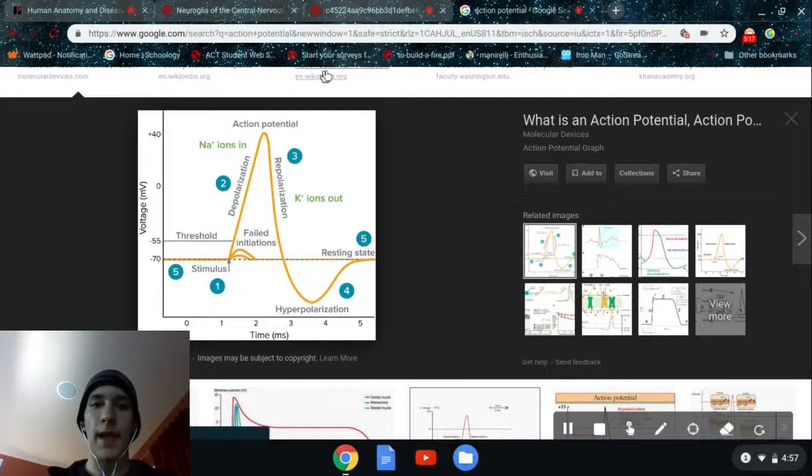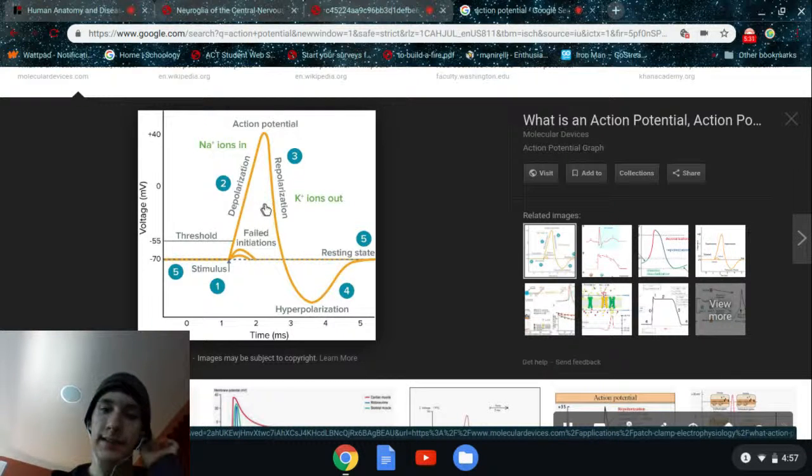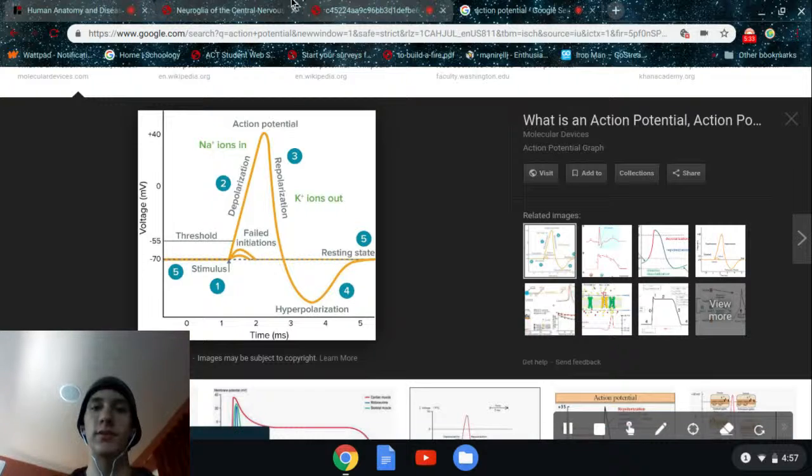Then it activates sodium channels, which let sodium in, and if there's enough of it, then it depolarizes and activates the next section.